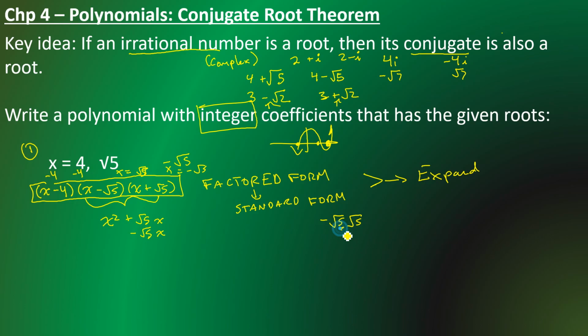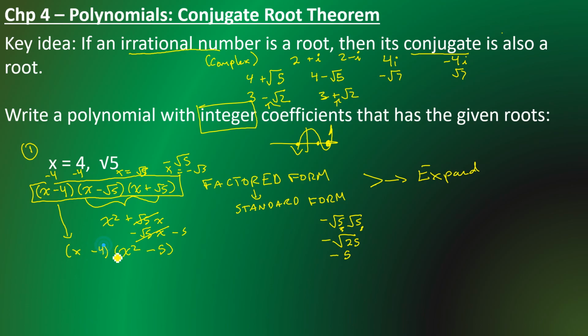Root 5 times root 5, if these both have the same index, that is, they're both square roots, I can go ahead and multiply those two things in there. And 5 times 5 is 25. And the square root of 25 is simply 5. So minus 5. Now I'm going to combine all these like terms, and I notice that these cancel. So I have x squared minus 5, and then I'll copy this x minus 4 down.